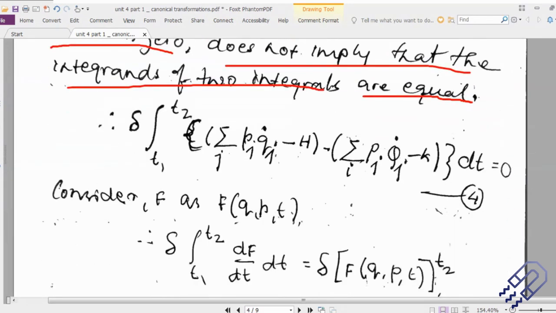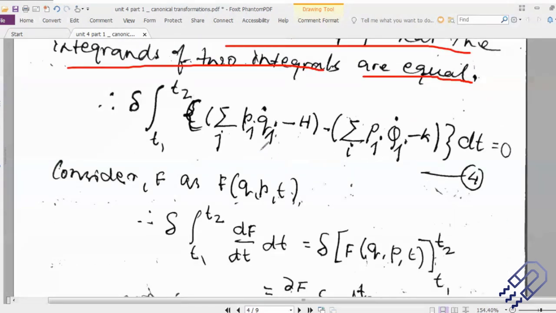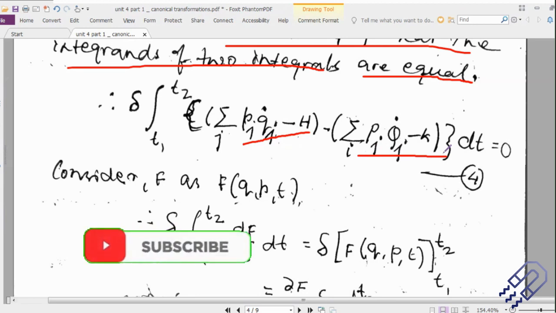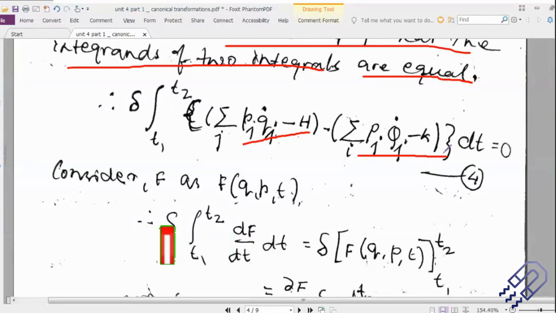Then what we can do is just separate this out. So summation pj qj dot minus H, that was in terms of the old coordinate system, and then capital Pj Qj dot minus K is nothing but in terms of the new coordinate system. So this is also true. That means this also is a special case of Hamilton's principle, which is again important. And then we can actually consider another variable.